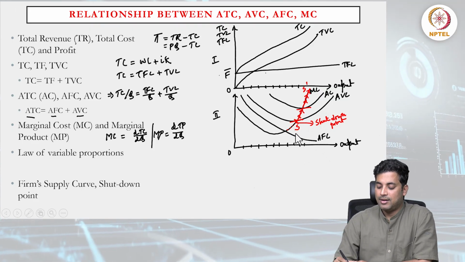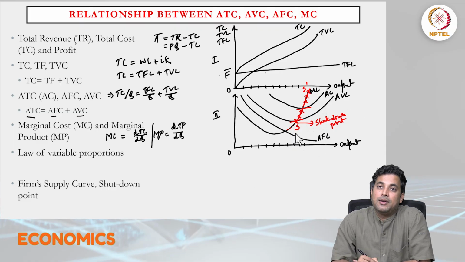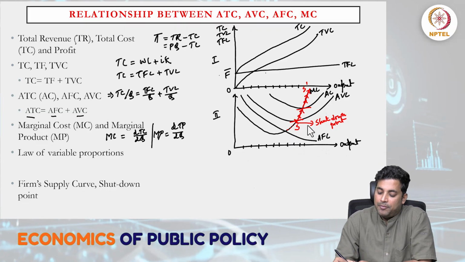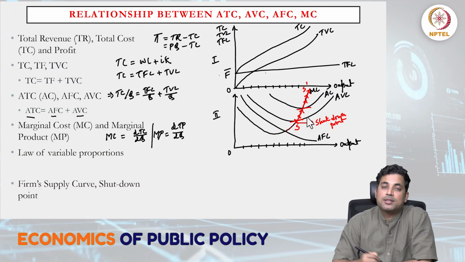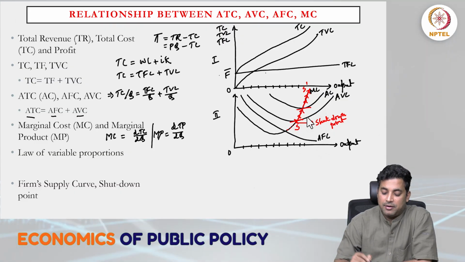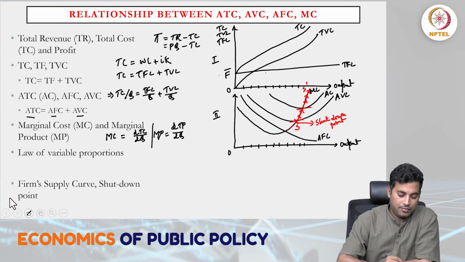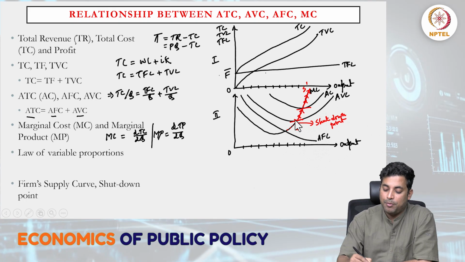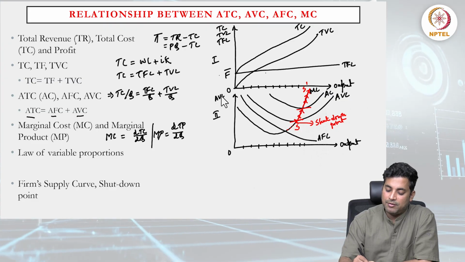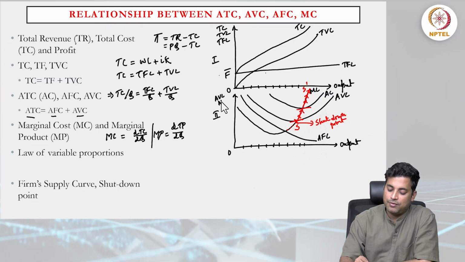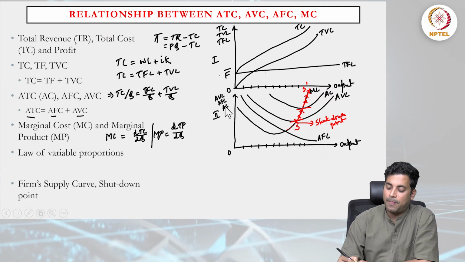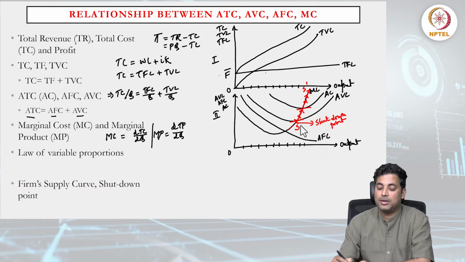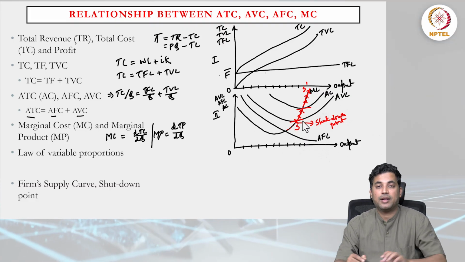So below S, the firm can't even recover average variable cost, and therefore any point above this point on the marginal cost curve will be the firm's supply curve. So this is how the supply curve is upward sloping. Here we measure average variable cost, average fixed cost and average cost, and this is how we get the supply curve for the firm, which is upward sloping at the firm level.